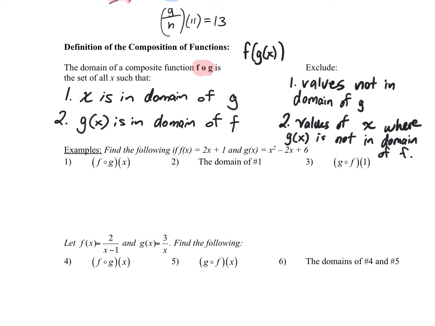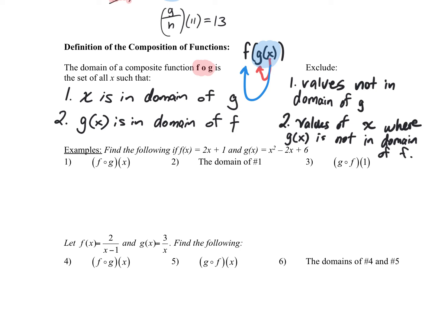So when we talk about the domain of a composed function, first, this x must be part of the domain of g, right? The innermost function must be defined. And then any values of x that make this whole quantity plug into f and cause values where the domain has been excluded must also be addressed.